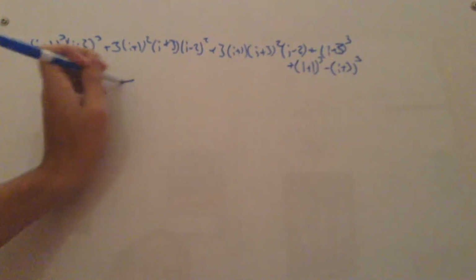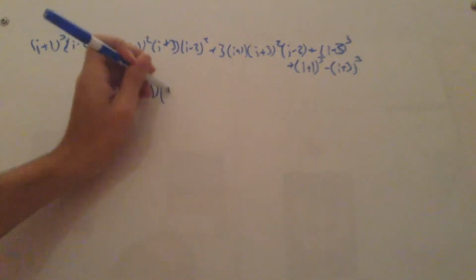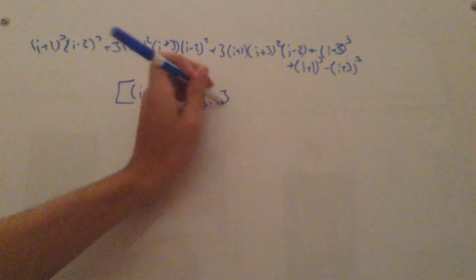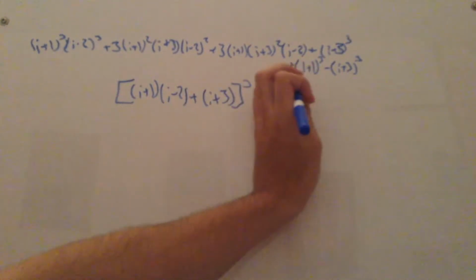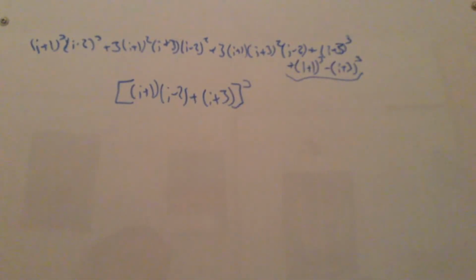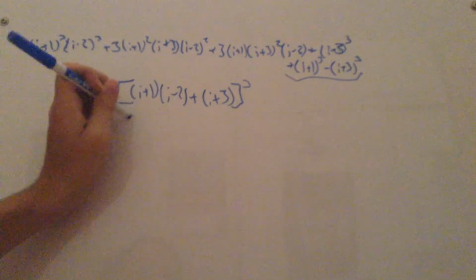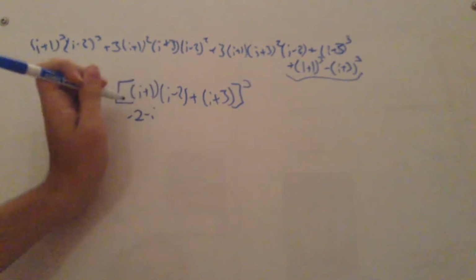So we've got ((i+1)(i-2) + (i+3))^3. That's what all of this is, plus this. And we'll get back to that, but first let's focus on (i+1)(i-2). We've got negative 2, and then negative i, because 1i, negative 2i, you get it.